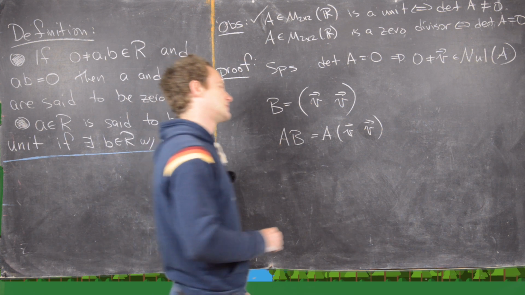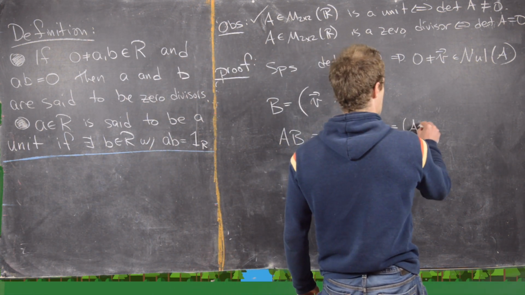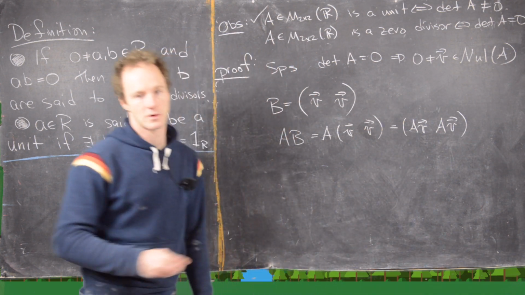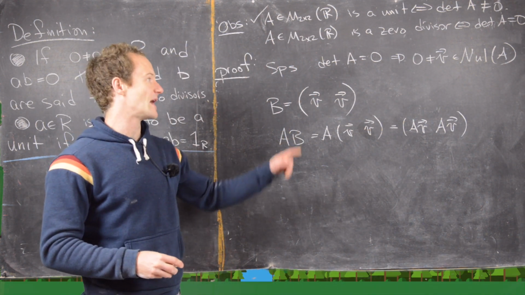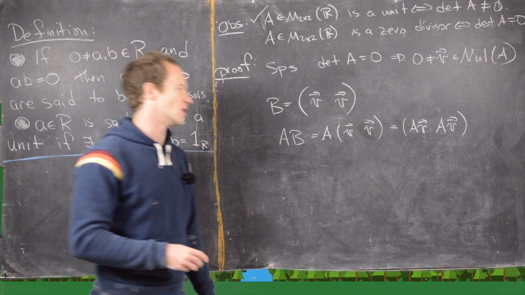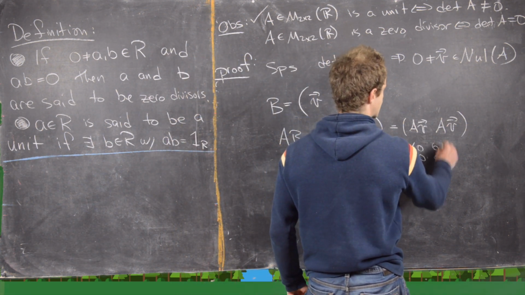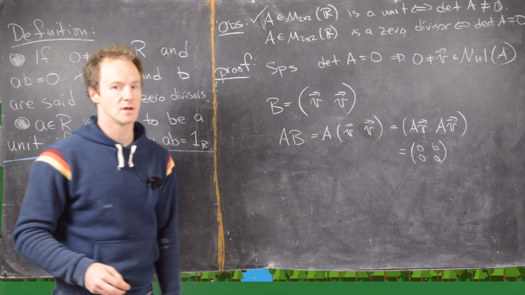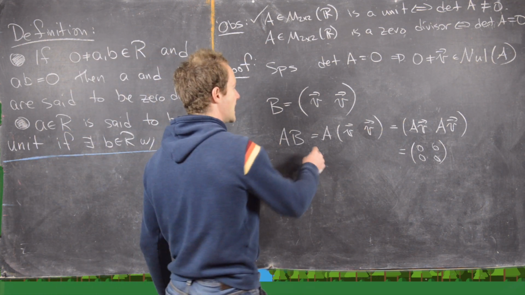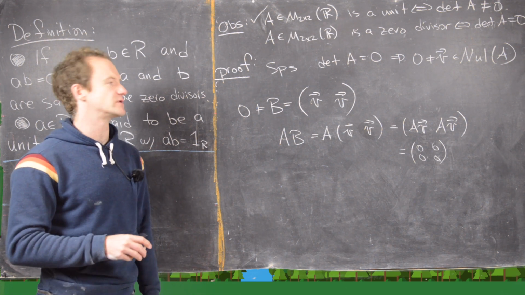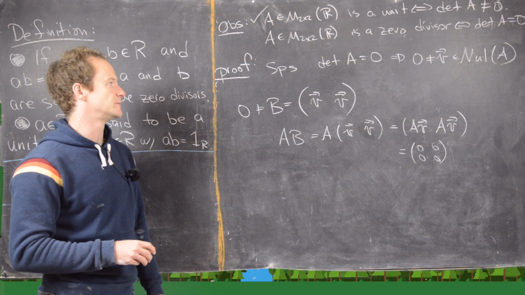Great. But then by matrix multiplication, that is AV, AV. Great. But by the fact that V is within the null space, we see that this is equal to the 0 vector in each column. Okay, great. But we know that this is not equal to 0 because we assume that V was not the 0 vector.